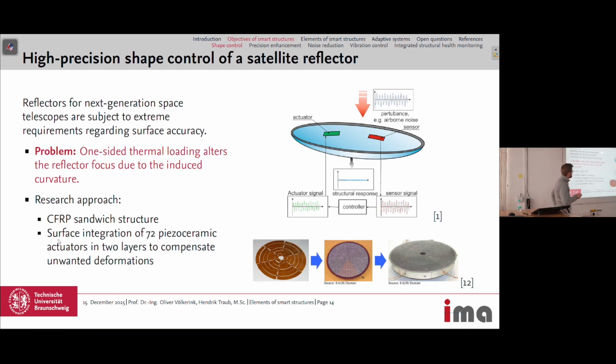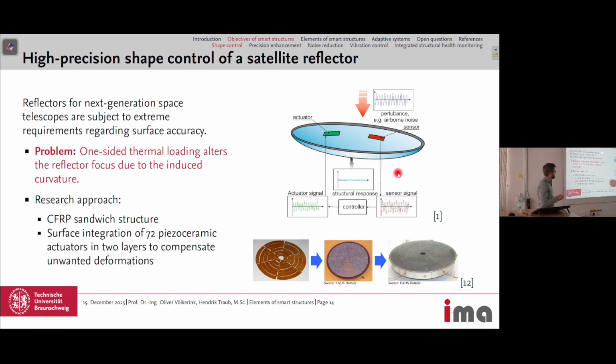And in this schematic, you can see this reflector. We have an actuator here and a sensor here, which collects a sensor signal, which then goes through the controller, and the controller creates a signal for the actuator. And the challenge is that we have a perturbance, for example, airborne noise or the thermal loading.